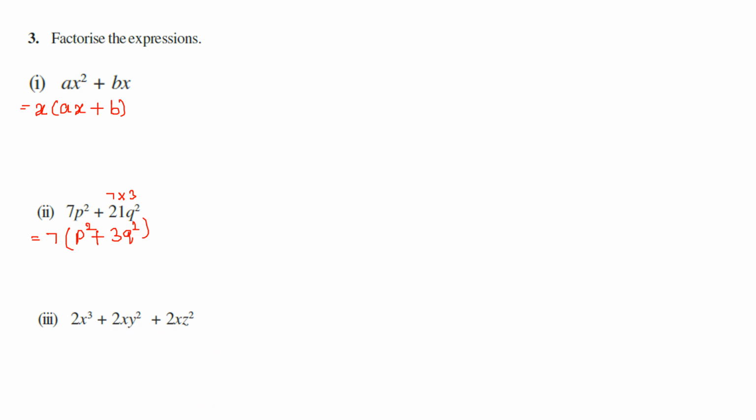So I take 2x common. From the first term I will be left only with x square, plus y square, and in the third term I will be left with z square. So this is the factorization.